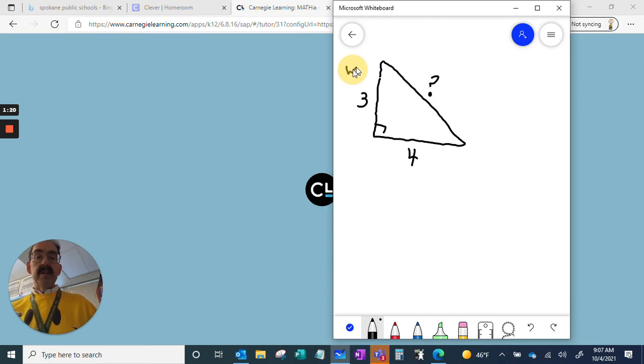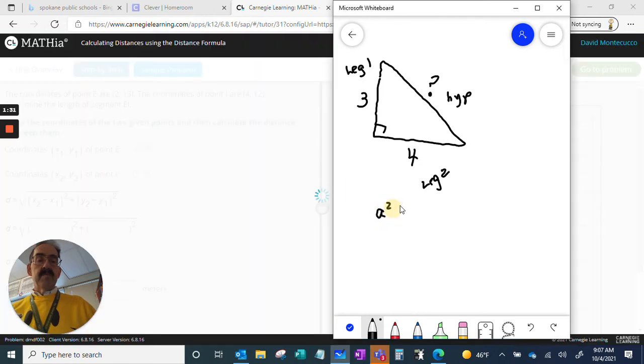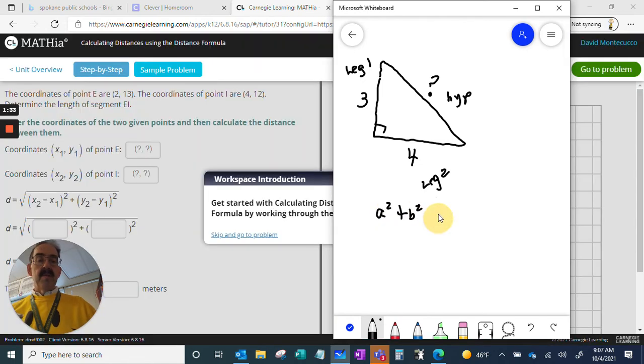So this will be leg 1, this is going to be leg 2, and this is actually called the hypotenuse. Okay? All right. He discovered that a squared plus b squared equals c squared. In other words, 3 to the 2 power plus 4 to the 2 power is equal to the hypotenuse squared.